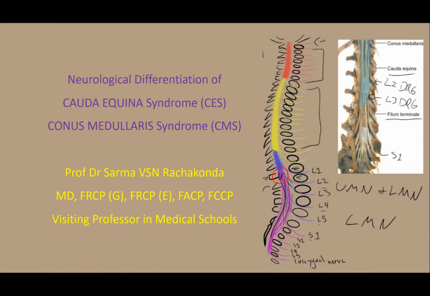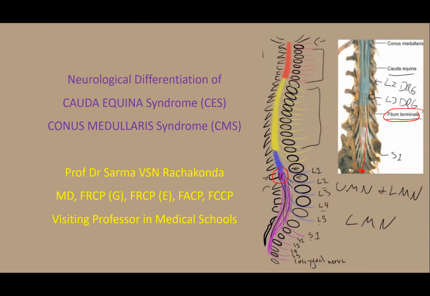This is the level of L1 and L2 here, and the filum terminale continues down to the end and gets anchored there. What is the use of that filum terminale? It is the terminal portion of the spinal cord, with only pia mater.